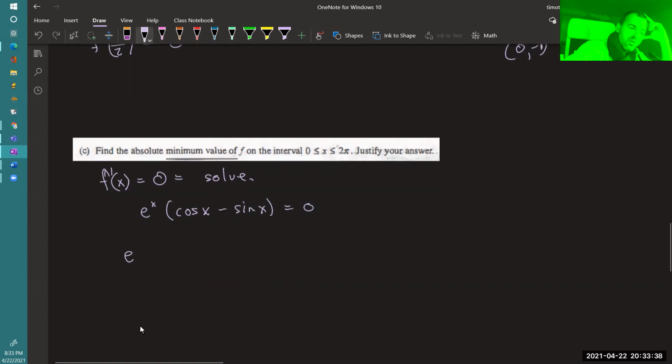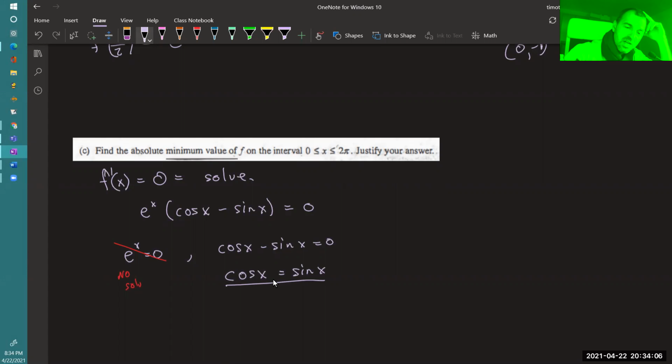Now, according to the zero product property, you can set either one of these to 0. So e to the x equals 0, and cosine of x minus sine of x equals 0. This one has actually no solution right here. No solution. This one is pretty interesting, actually, how it turns out. You have to logic your way through this. When does cosine of x equal sine of x?